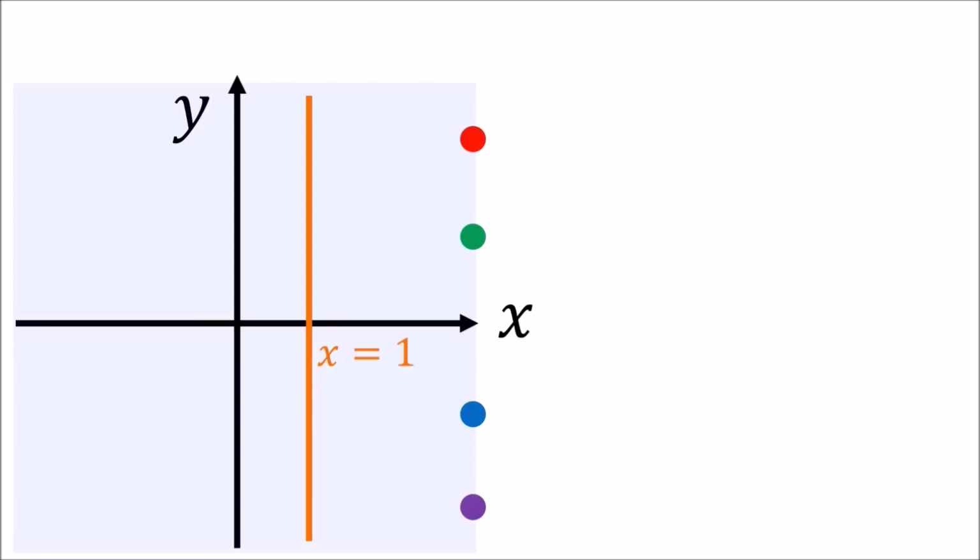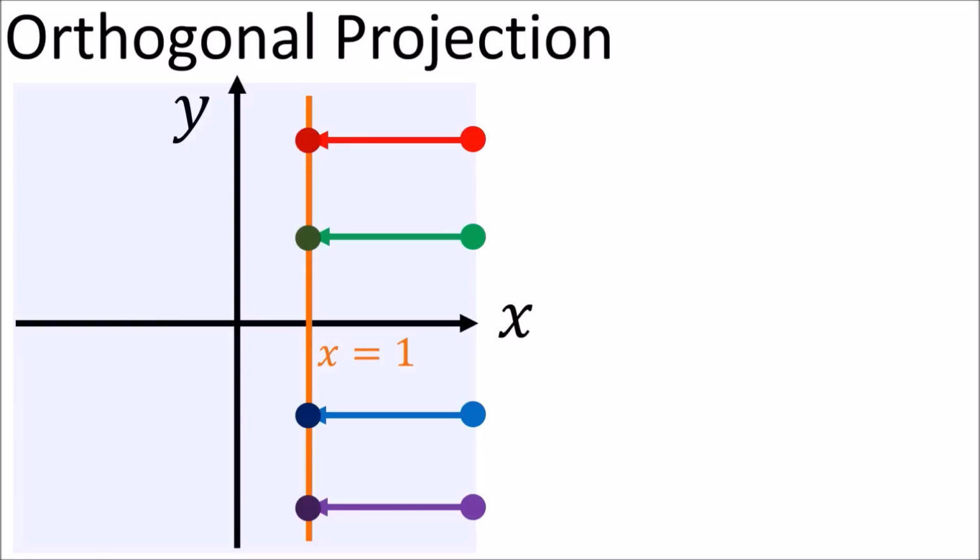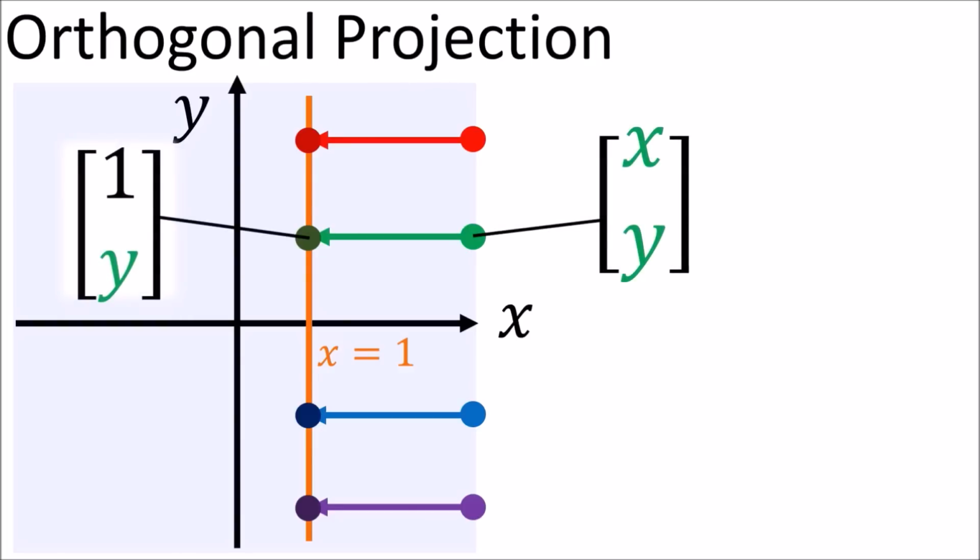One way to project points is to send them along parallel lines at right angles to the screen. This is called orthogonal projection, and it maps the point (x, y) to the point (1, y). The y-coordinate stays the same, but the x-coordinate is forced to be 1 after the projection.